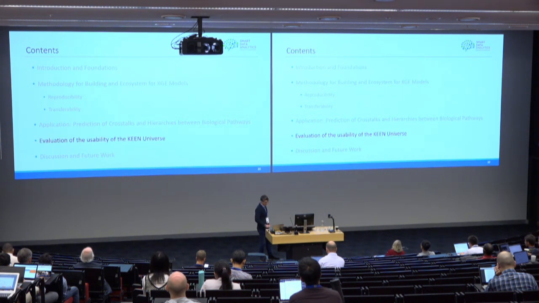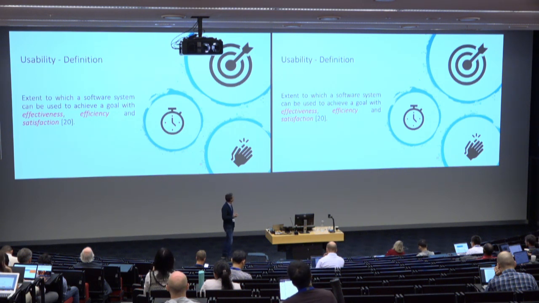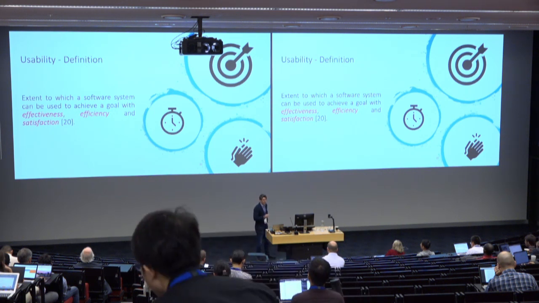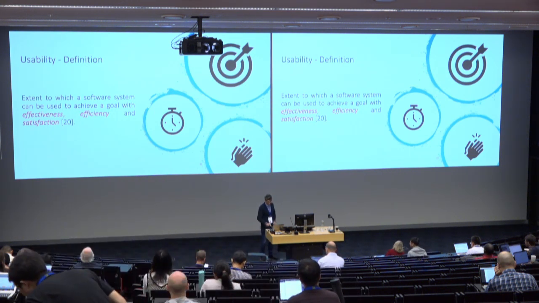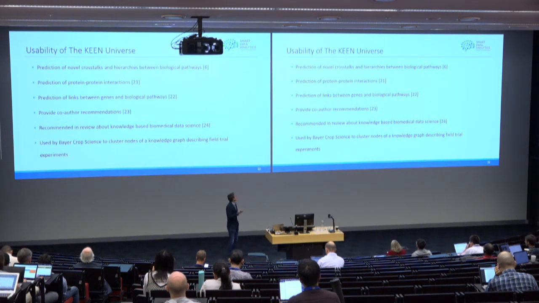So how did we evaluate our ecosystem? We focus on usability. Usability is defined as the extent to which a software system can be used to achieve a goal with effectiveness, efficiency, and satisfaction. In our paper, we described 2 specific use cases. But here in general, we want to show that there has already been a set of works which used our ecosystem successfully.